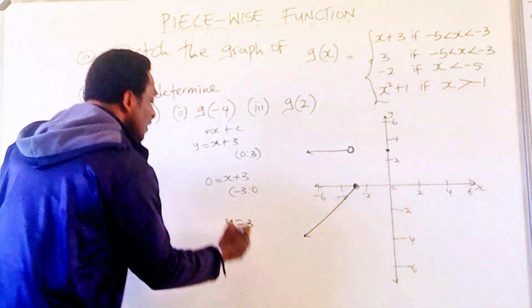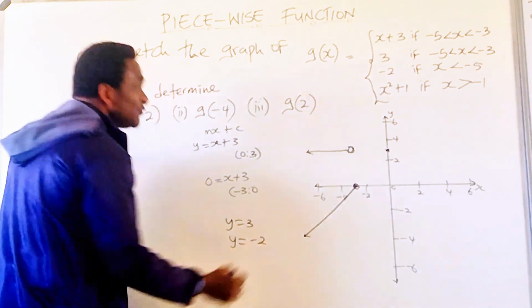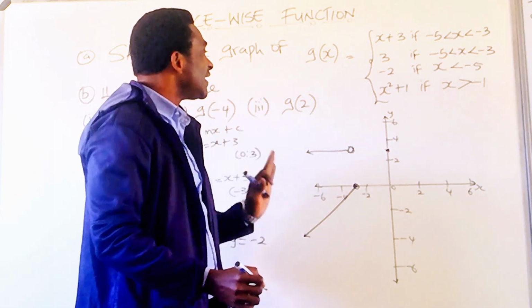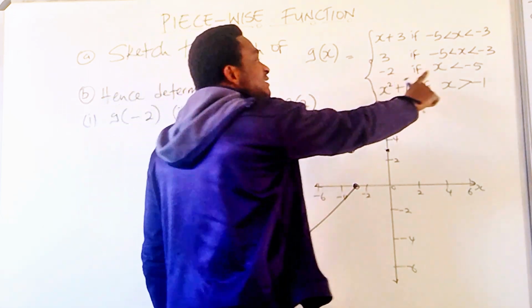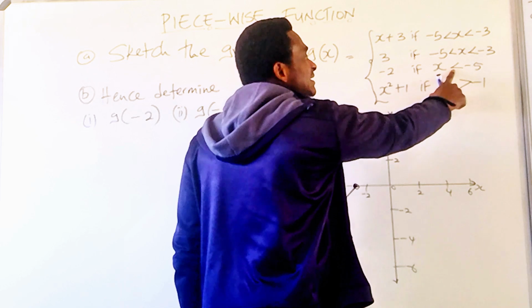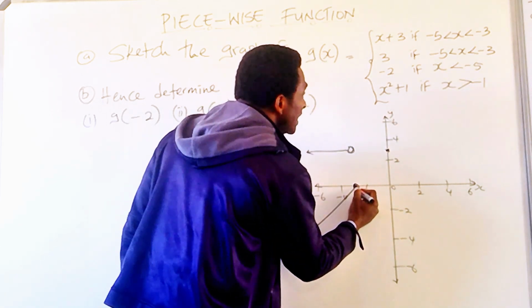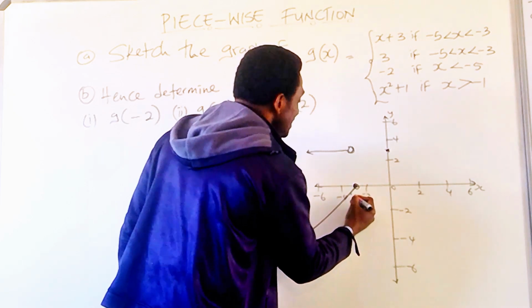Now let's look at the next one. This one says y equals -2. It is also a horizontal graph at -2, but they say x must be less than -5.